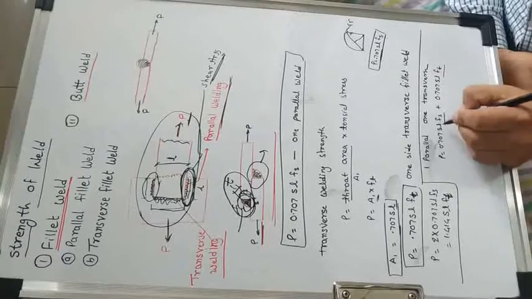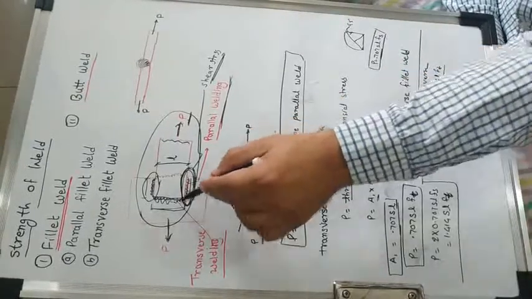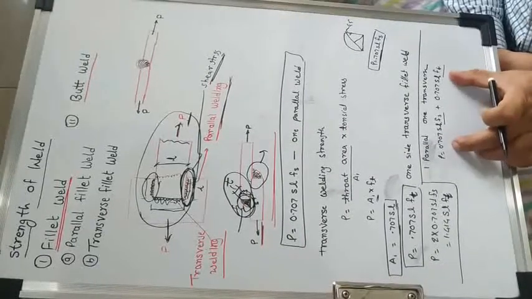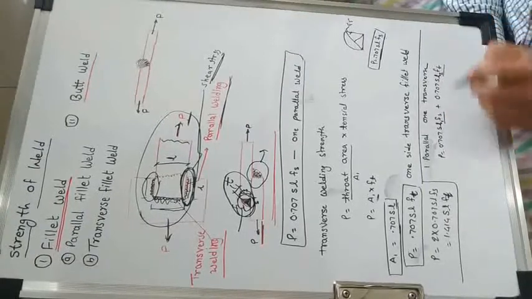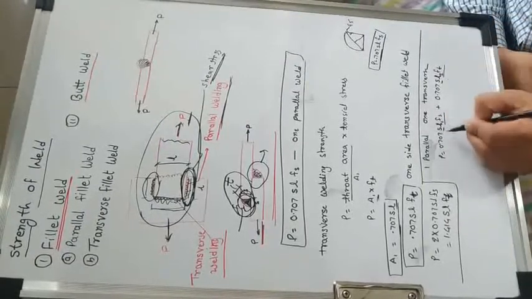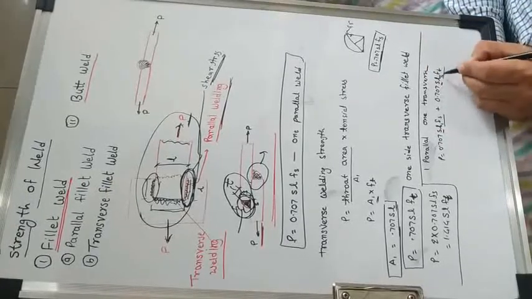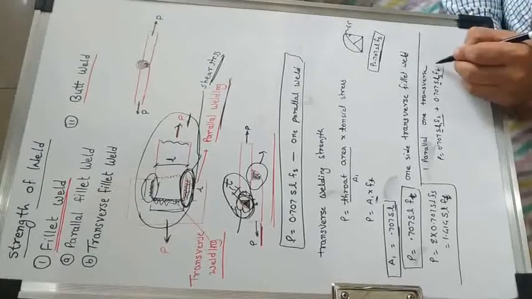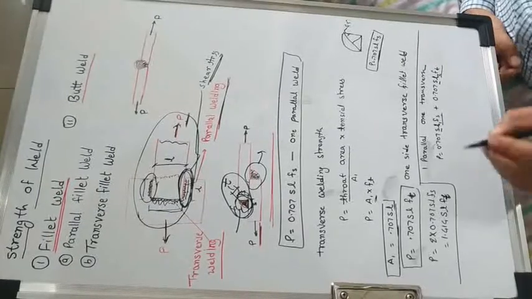Here L could vary, because this length and this length can vary. If we are putting both at a time, then we can write L1 and L2, because S will always be the same as the plate thickness is the same. L1 and L2 will differ from each other, and Fs and Ft are shear stress and tensile stress.